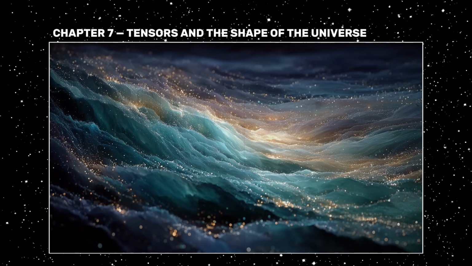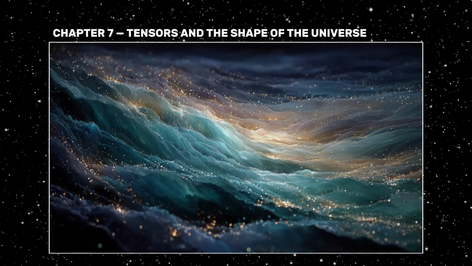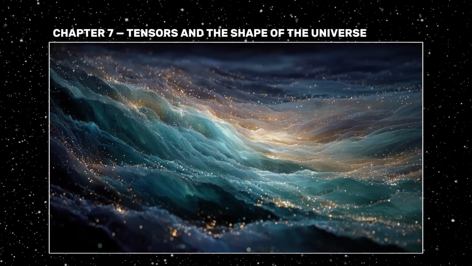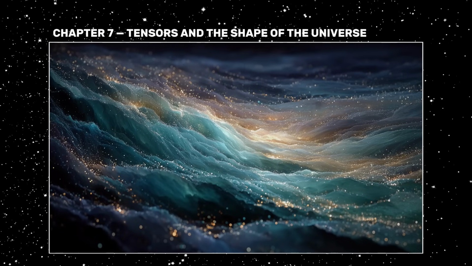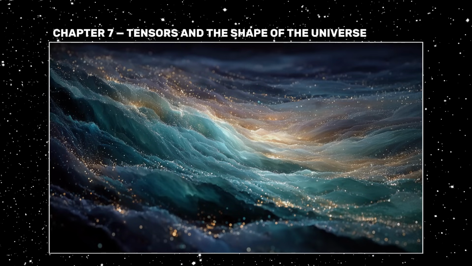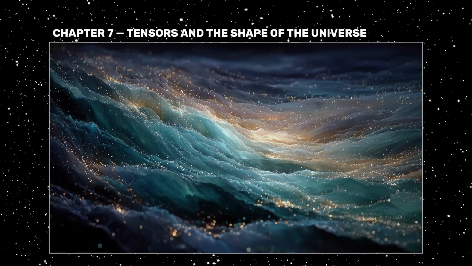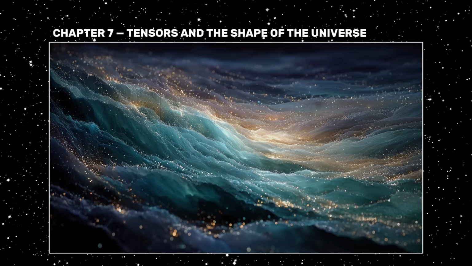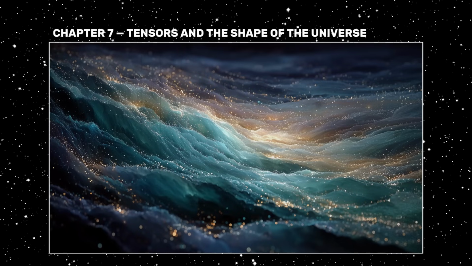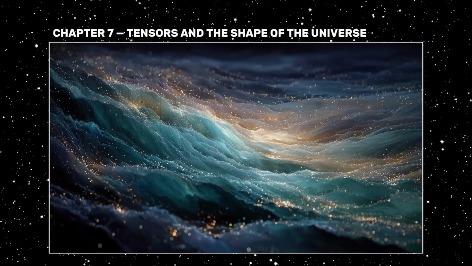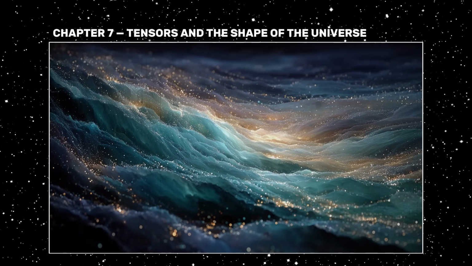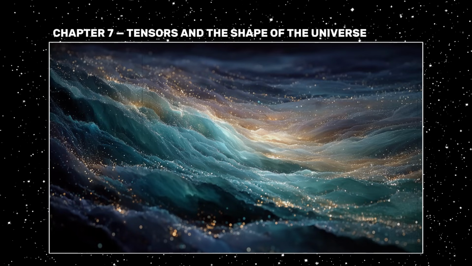Inflation would have stretched any initial curvature to near flatness, just as the surface of a balloon looks flatter the larger it becomes. Again, the tensor formalism is central. The dynamics of inflation are described by fields and their energy-momentum tensors, feeding into Einstein's equations to drive expansion.